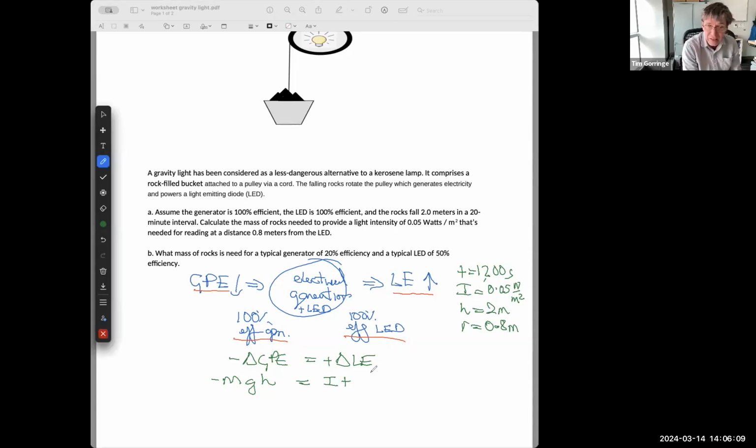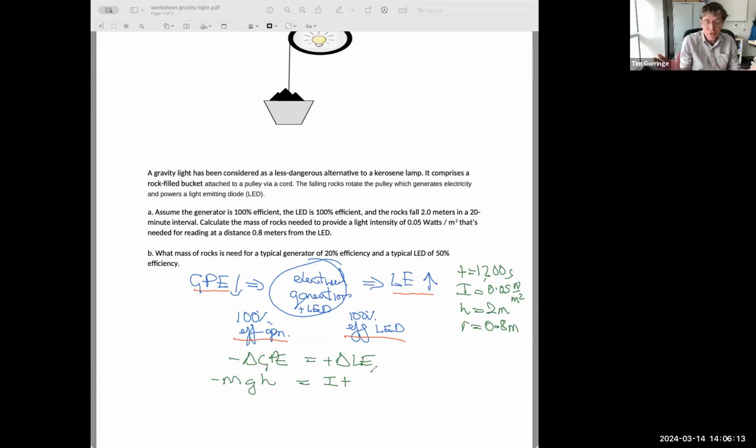Now, that light from the LED radiates out uniformly into surrounding space. If we're at 0.8 meters from the LED, then that light is radiating through a 0.8 meter radius surface.